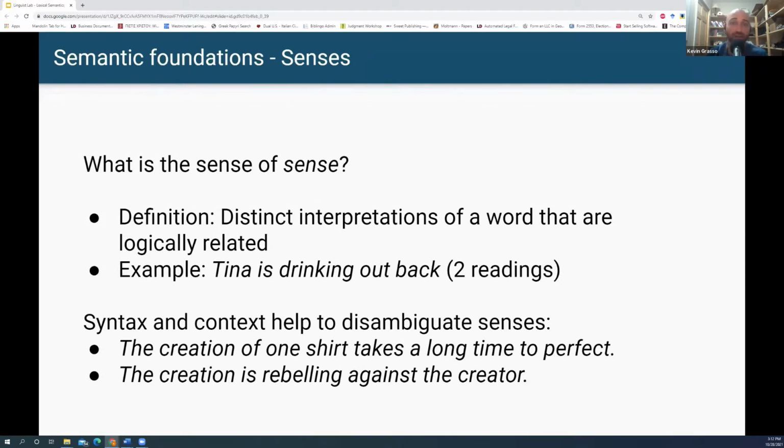So you could, in a dictionary, put in two different senses of find: one sense that implies that you didn't own the thing before, and one sense that implies that you did own the thing before, right?